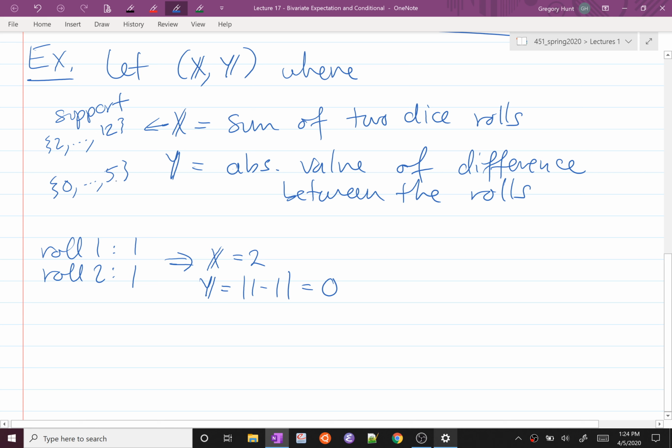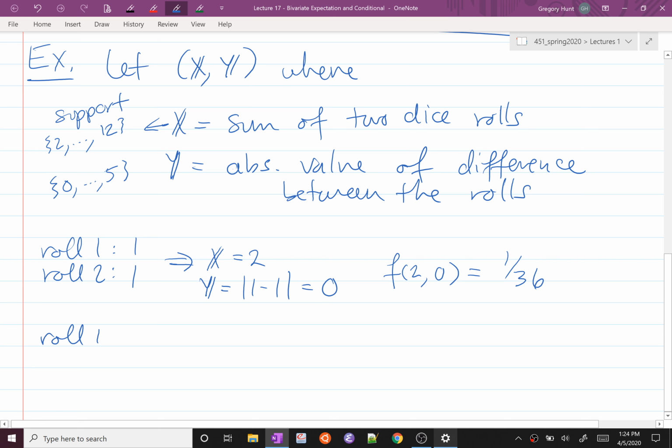And okay, so other rolls we could get. Well, first let's talk about what f of x comma y in this case would be, right? So this corresponds to the roll 1, 1. We have a 1 out of 36 chance of getting that. So we could write f of x is 2 and y is 0.